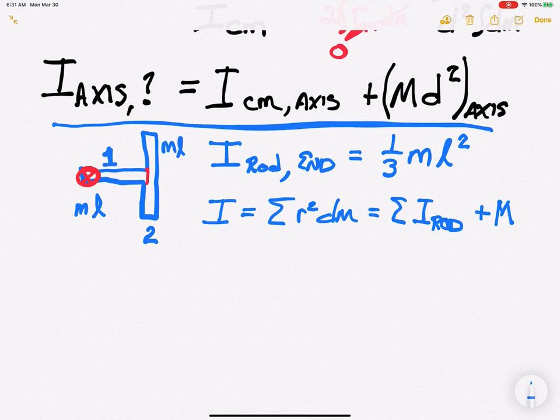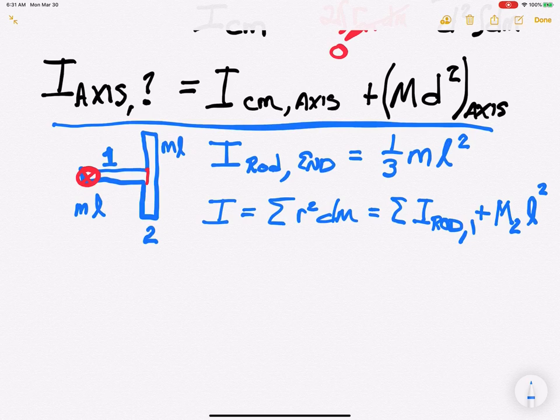So the first thing I do is use the known moment of inertia for the rod around its end axis of rotation. And then I want to add from rod 2 the mass of 2 coming into L squared.